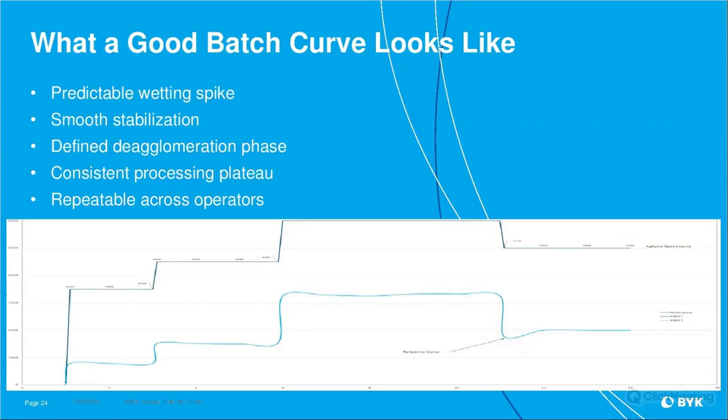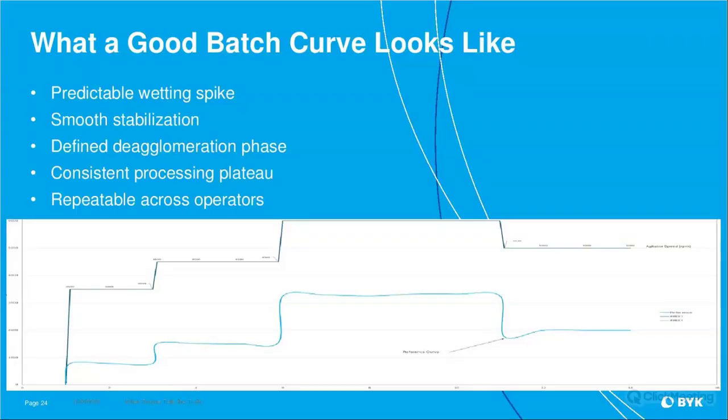So what does a good batch look like? Well, this is a very good batch. You see how stable it is at each step when we raise the RPMs or the energy input. You see a nice stabilization very quickly, and this is exactly what you would be looking for when you are processing your material.